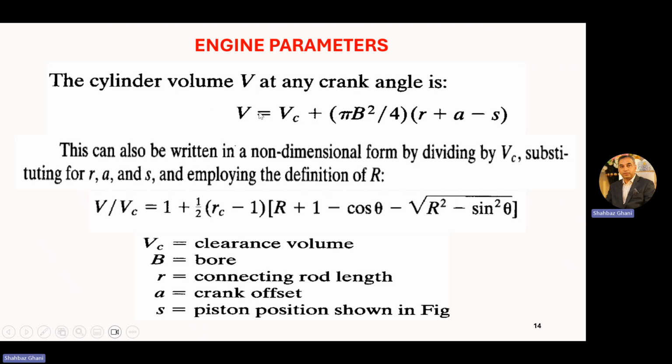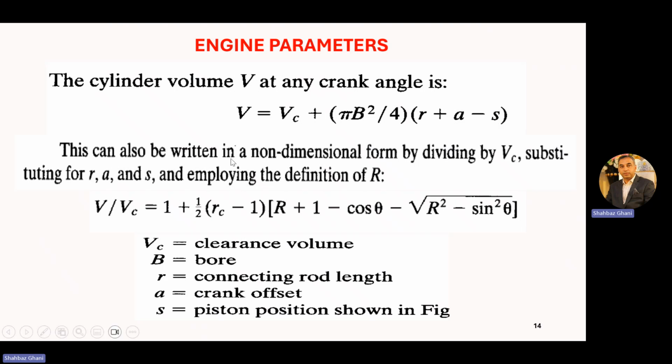We have to find where the piston is located and what the volume at that point will be. So clearance volume plus the volume at that point: bore into stroke, area into that stroke, pi d square by 4, into R, your connecting rod length, plus A, your crank offset, minus the piston location at that instant. So that is your S.